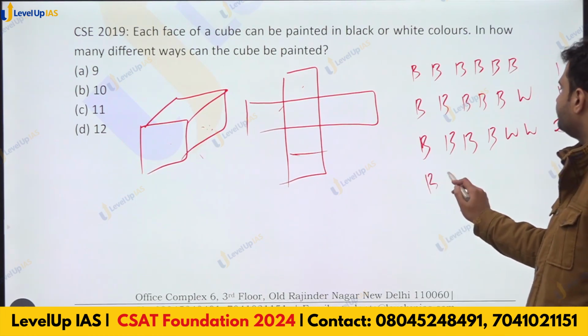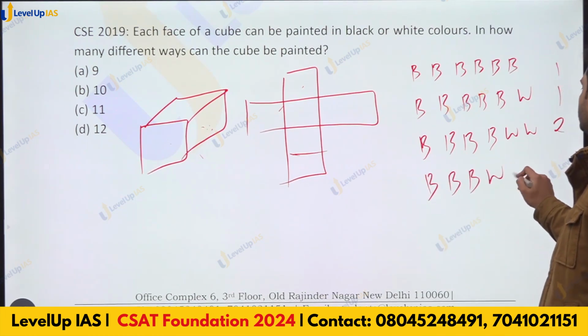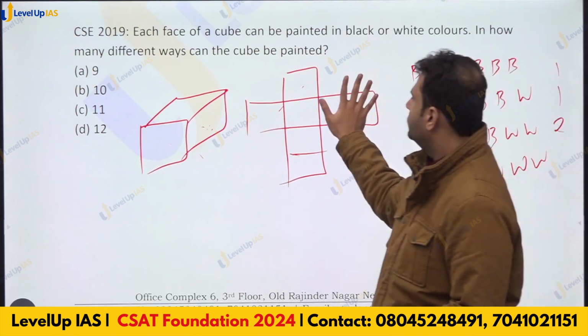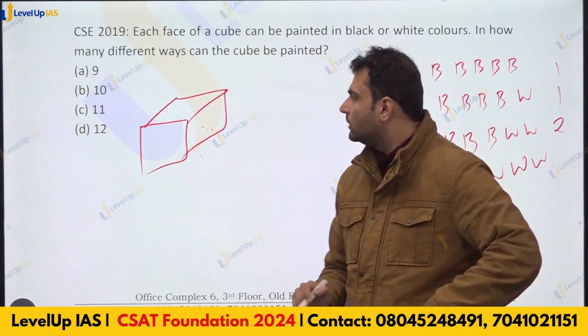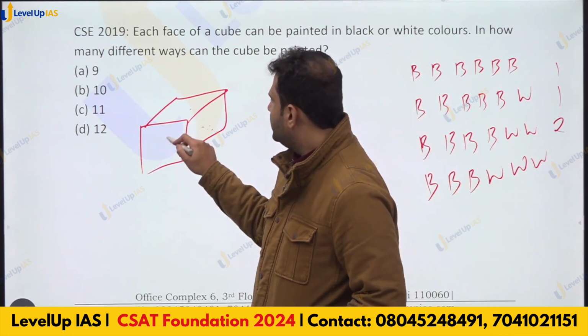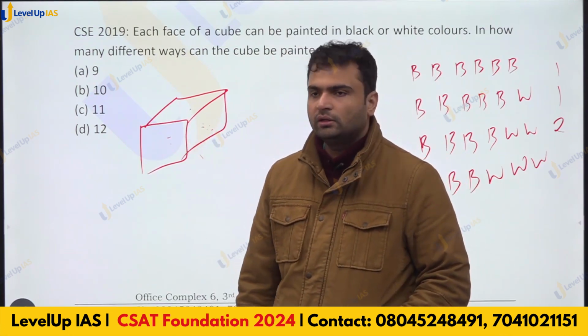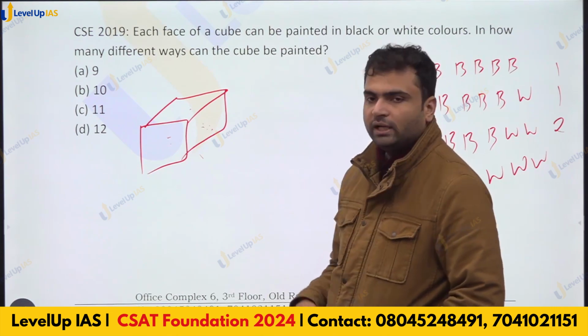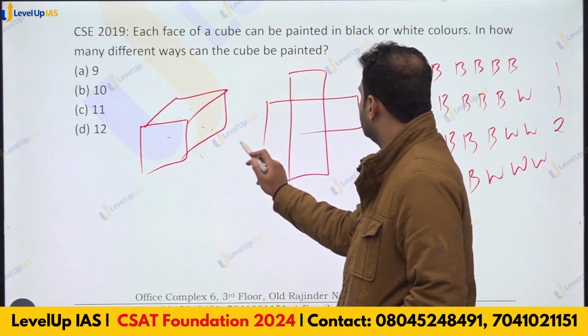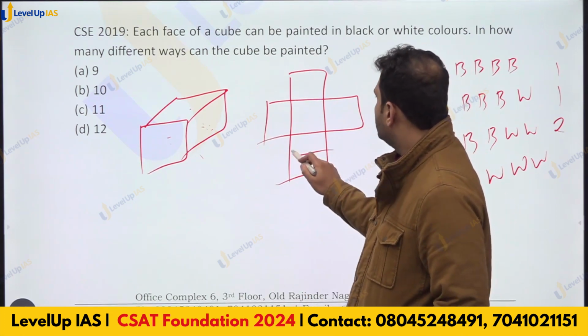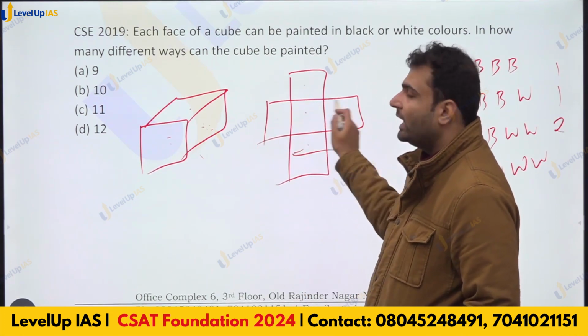Then we have 3 black, 3 white. Now this is where the difference is. So we have 3 corner faces that can be white, 3 corner faces that can be black. That is one way. Let me have it here only. So we have white, white, white, and black, black, black.